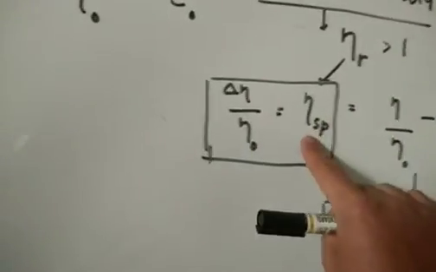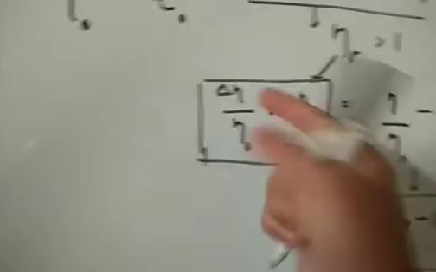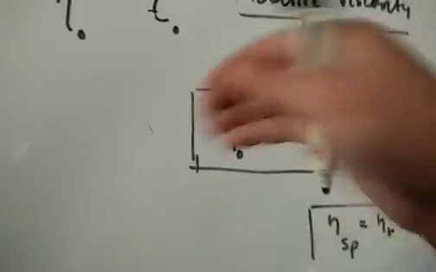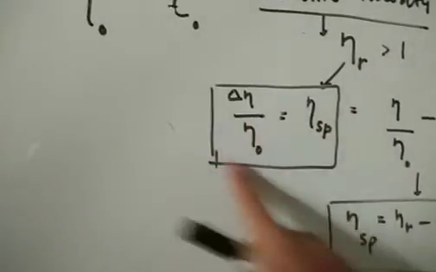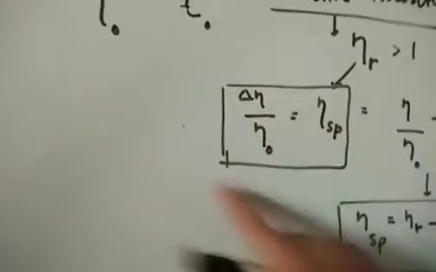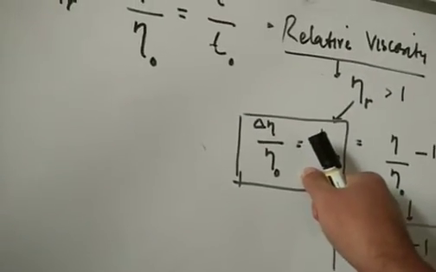So now we have converted the relative viscosity into the specific viscosity, that is the change or increase in the viscosity of the pure solvent when the polymer is present.